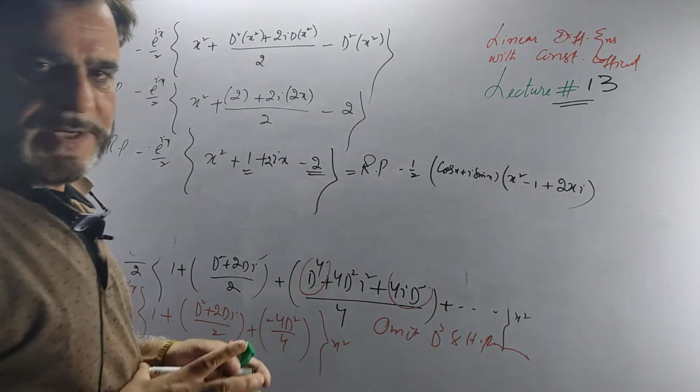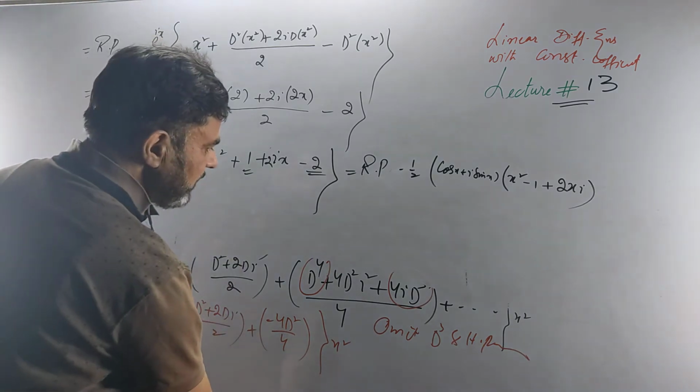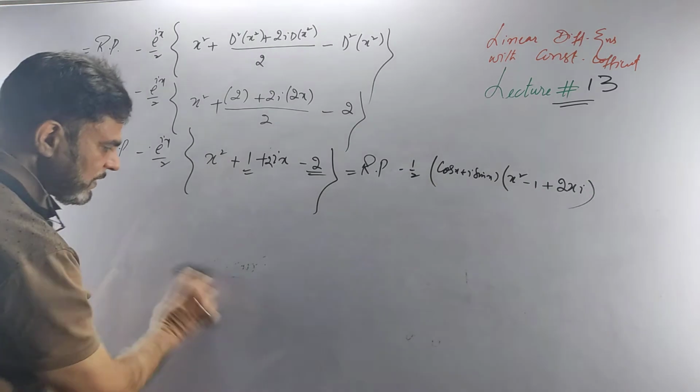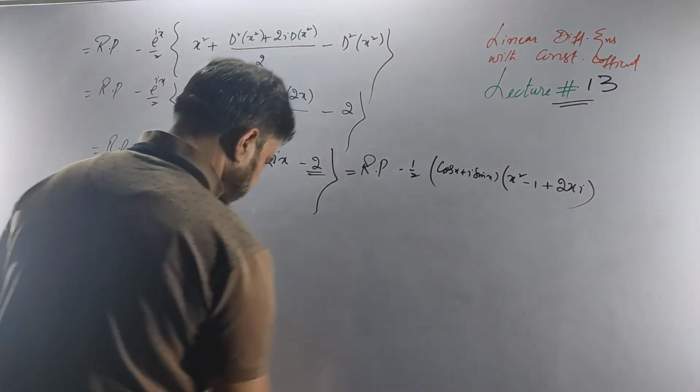Now here you have to find out the real part by multiplication. That will be your complete particular integral.